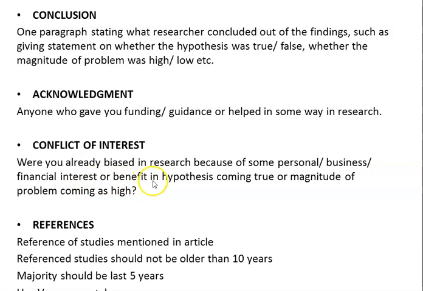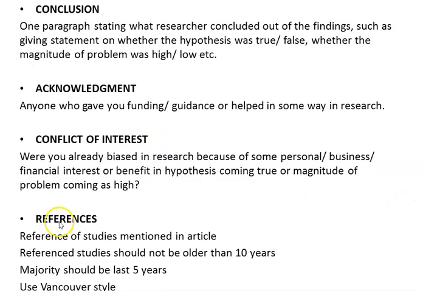Or will you have any benefit if your study hypothesis comes true or false? Or if the magnitude of the problem you are studying comes high or low, will you have any benefit? May it be personal or financial, etc. If you have any interest, you have to mention that. Otherwise, you simply state that there were no conflicts of interest declared by all the authors of the study.